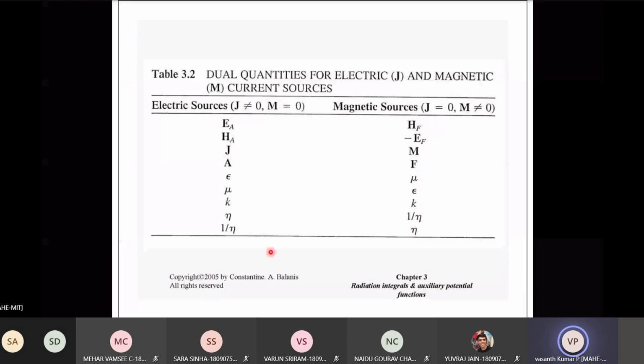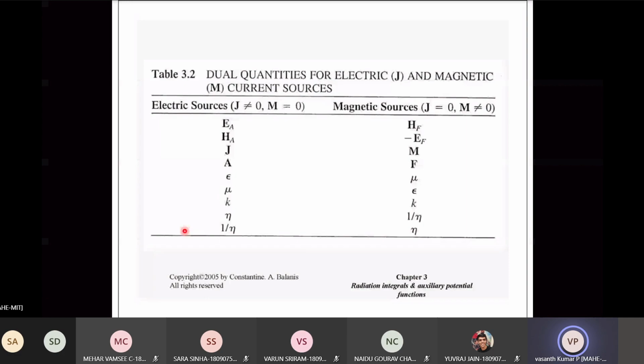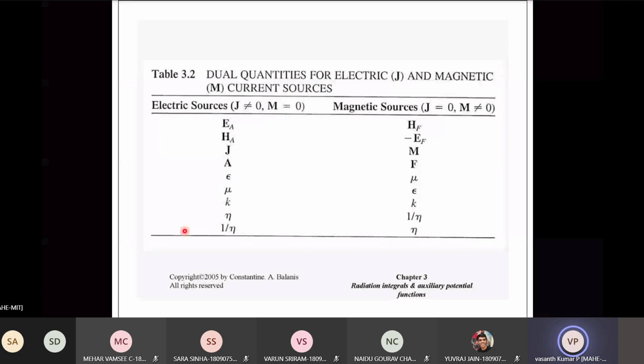In the examination, suppose you are asked to derive the vector equation in terms of the electric vector potential F. Suppose you don't know how to derive it, but you know the solution of the vector wave equation in A. You can use the duality principle to convert A to F, that is, from the electric current source equation to the magnetic current source equation.